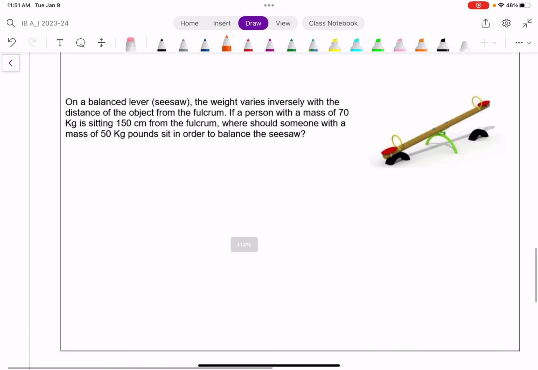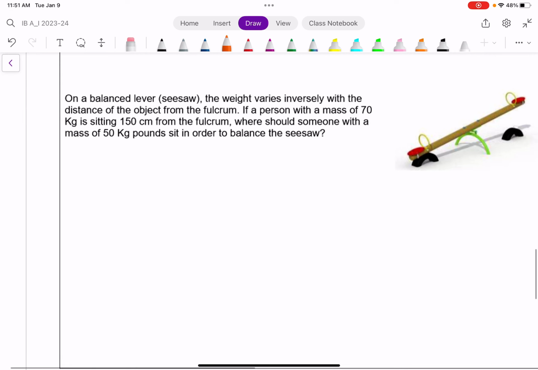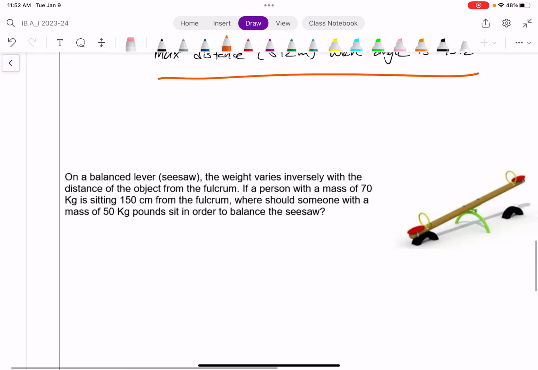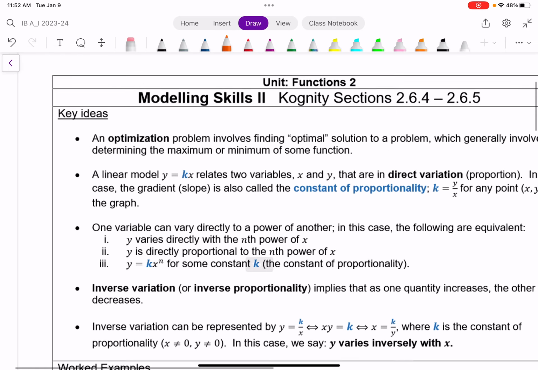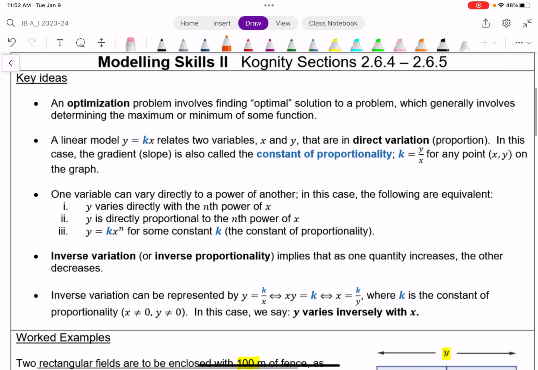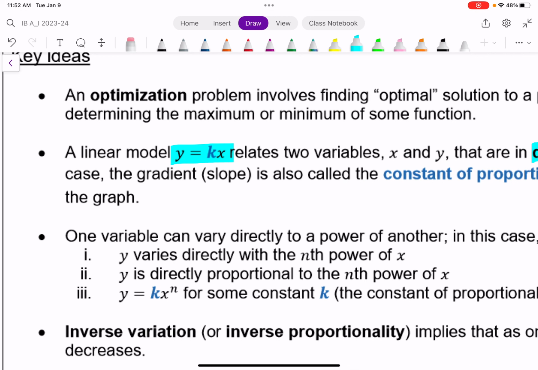All right, lastly, I want to talk about direct and inverse variation or proportionality. So I'm going to go back to the top of the notes here, but in general, if we say that two variables have a direct variation, then the equation can be represented as just y equals some constant times x, which means when x is 0, y is 0, or whatever they are.